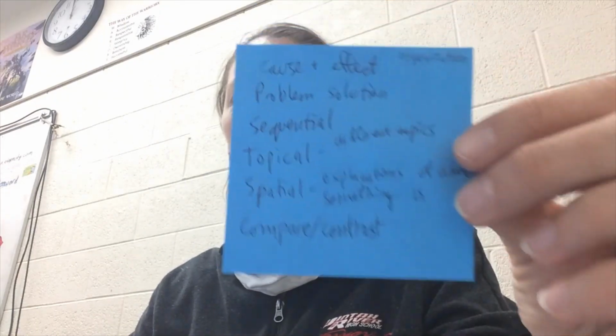Sequential, like if you're writing a how-to, you might give it steps, like this is what you do, and then this is what you do, and then this is what you do. Topical is when you're covering different topics. And then spatial, that would be like where something is.